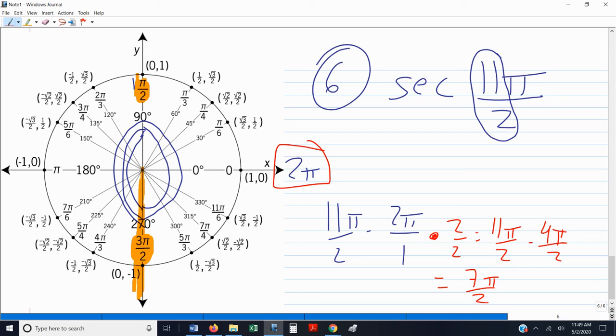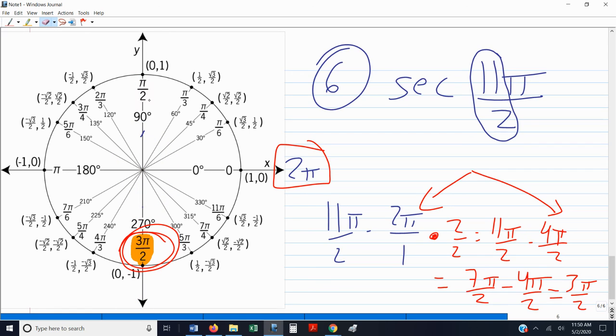So we're still beyond a full revolution. So we're going to subtract again. And I'm going to use 4 pi over 2 because I already know that that's the common denominator I'm going to need. And that leaves me with 3 pi over 2. So 3 pi over 2, where is that on the unit circle? It's right here. So either way you're doing this, you should find yourself here.